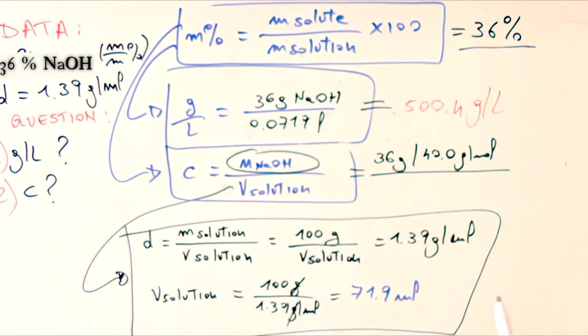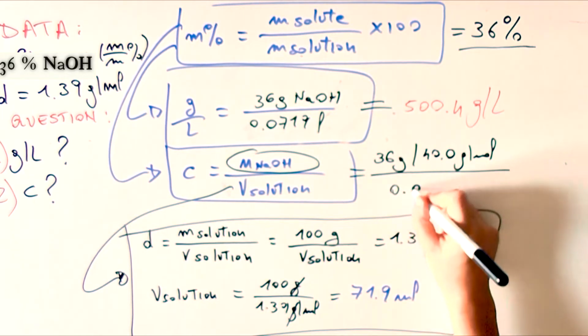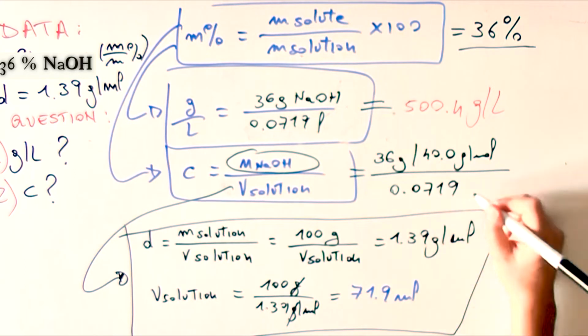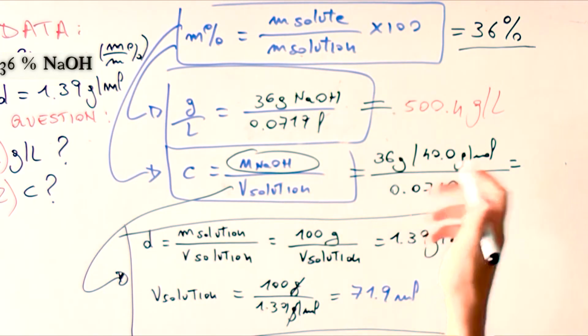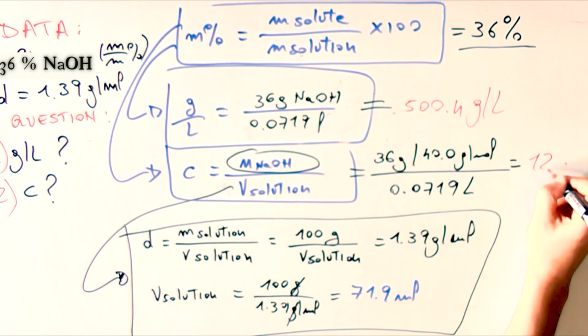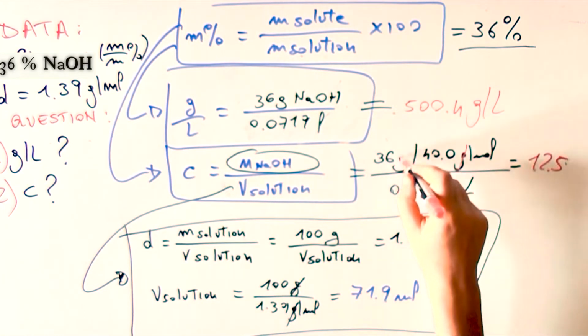Just put this number 0.0719 liters and you will have the answer. Just do this calculation. And the answer is 12.5 mole per liter, because this will be simplified.